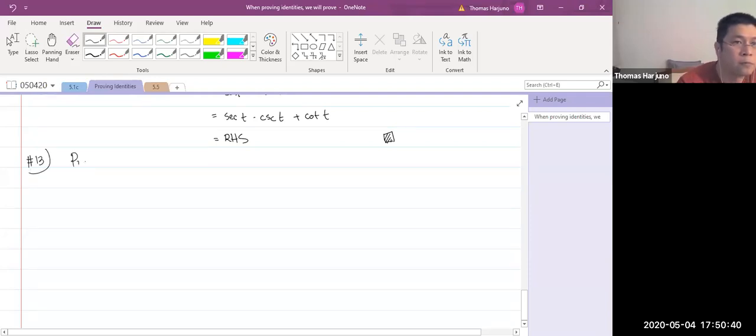Prove that cosecant to the 4th t minus cotangent to the 4th t equals cosecant squared t plus cotangent squared t. Number 13, in my opinion, is a lot easier compared to number 4.